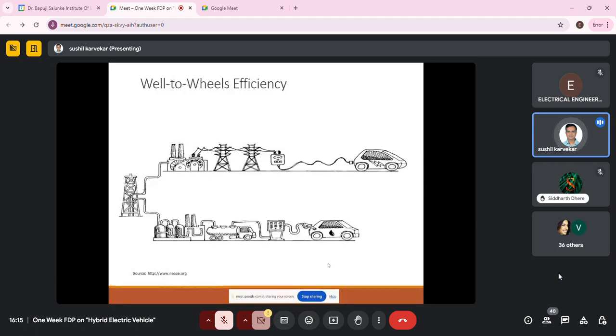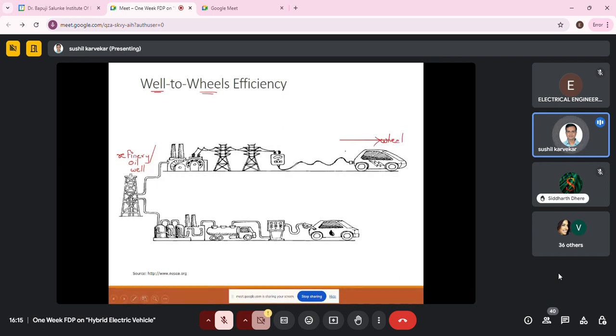The next aspect that we need to talk about is well to wheels efficiency. So well as in the refinery. When we are considering the refinery, it's an oil well, and then we speak about the well to wheel efficiency.